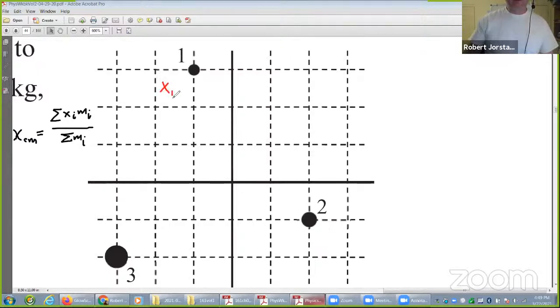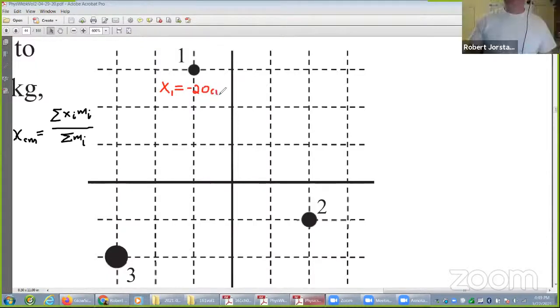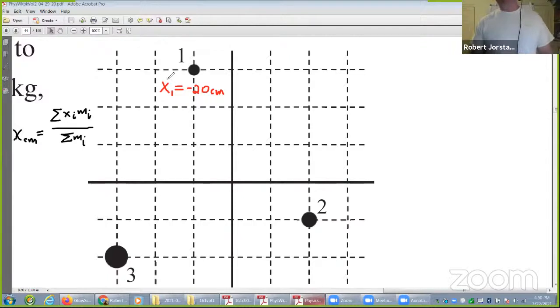What is the position of 1? Minus 20 centimeters. We need units too. Are you okay with that? Yeah. So one of the things we see is that in a math class, they're always lazy about units, right? In this class, we can't be lazy. So x1 is -20, and mass 1, I'm assuming, is 1 kilogram.